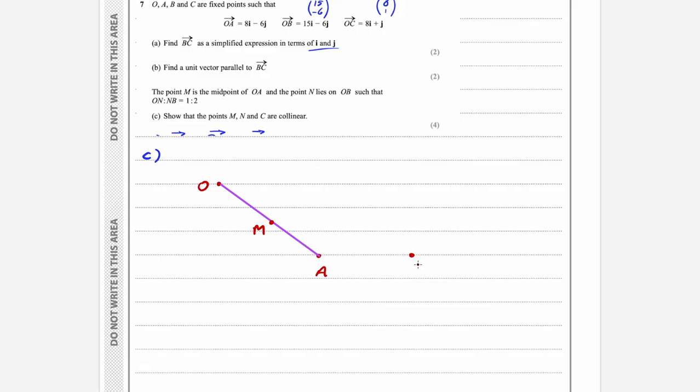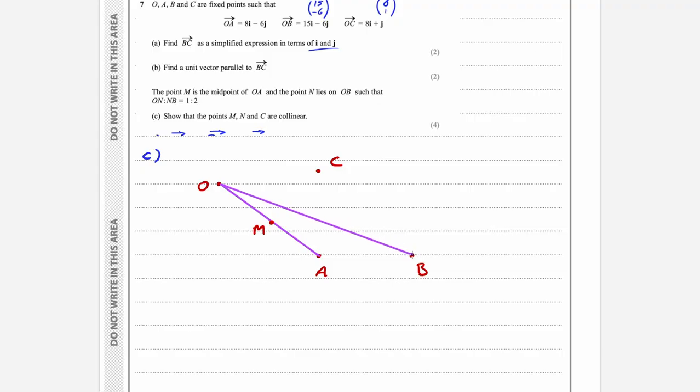So let's say this is B. And let's put in C as well while we're at it, guys. It's going to be 8 here, and then let's say 1 up, C. Now you don't have to draw this perfectly, guys, but it might help if you can see how these are going to be collinear.